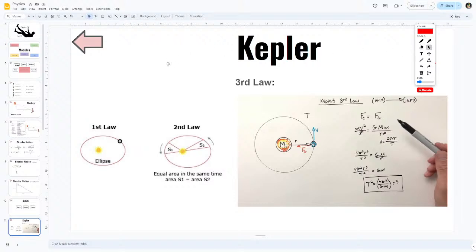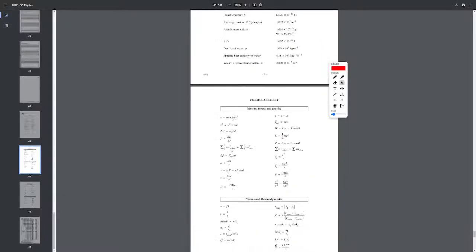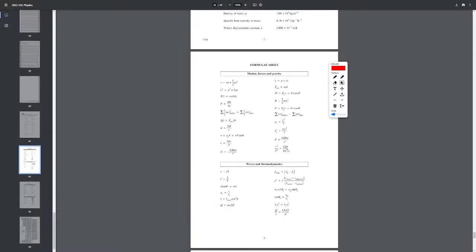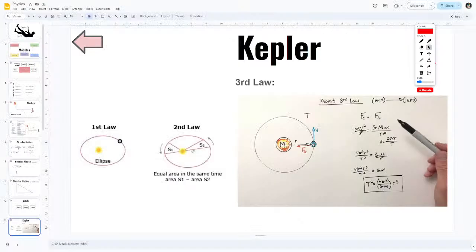Kepler's first law is that orbits are elliptical. His second law is the T formula, if I can get it up. This one, down here. His third one. No, wait, hold on.